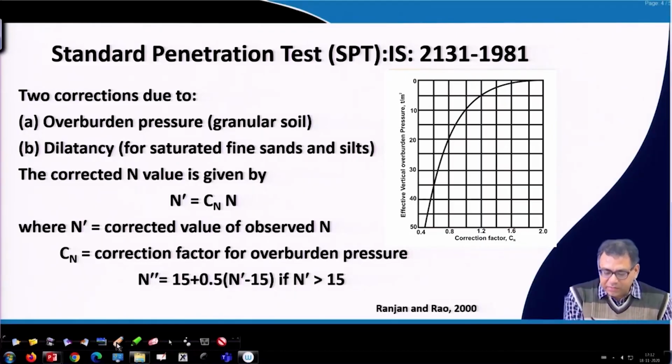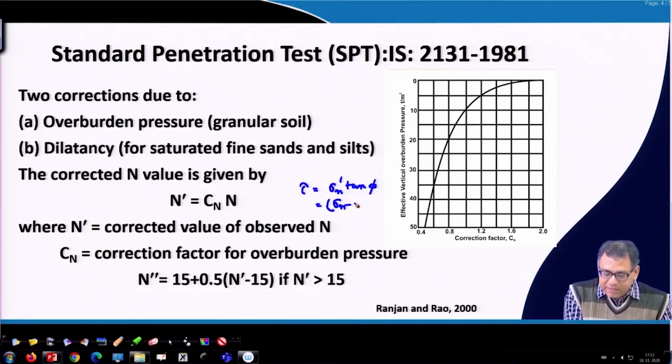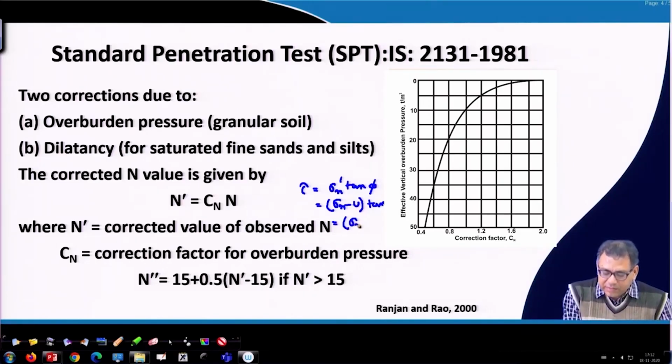For example, we know the strength expression is sigma n dash into tan phi, because it is granular soil, so C is 0, and sigma n dash is sigma n minus u, that means total normal stress minus pore water pressure. Now, if the pore water pressure is negative, then this will be sigma n plus u into tan phi. Phi is the friction angle.